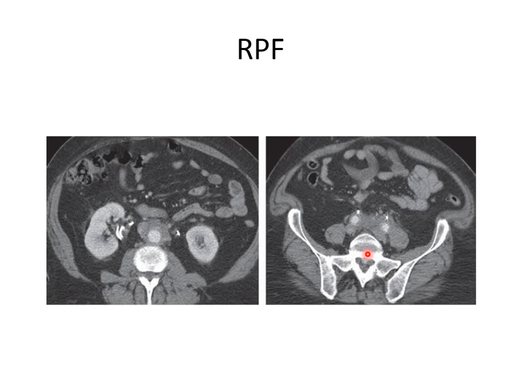Another entity you may face in daily work is retroperitoneal fibrosis. We know that it causes mass-like fibrosis, mainly around the abdominal aorta.